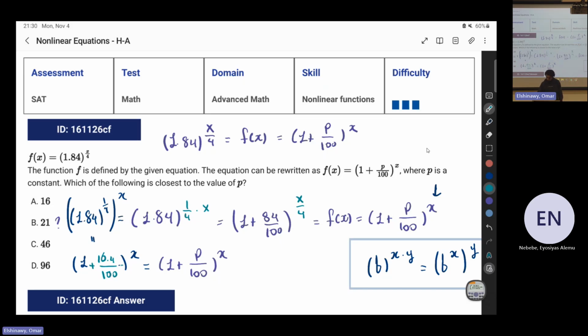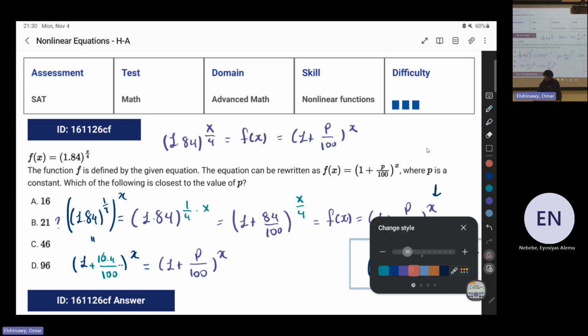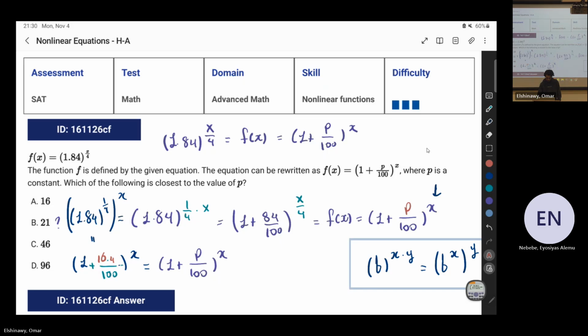And so if you compare these two, then clearly this is going to be the answer. So the trick here to solving the question is just to know this trick. It's one of the laws of exponents.